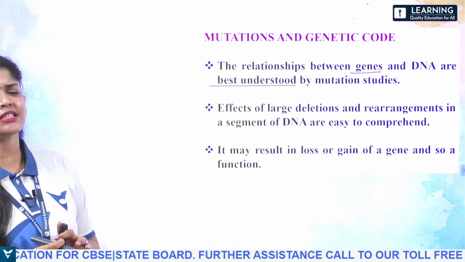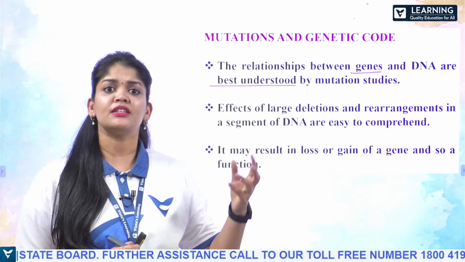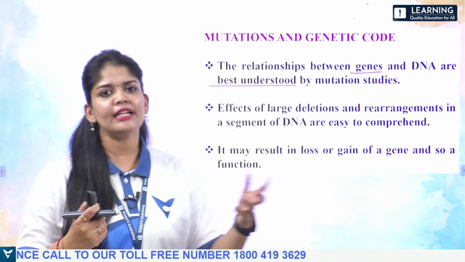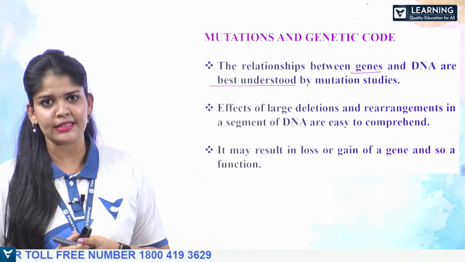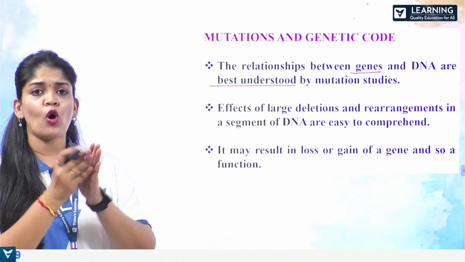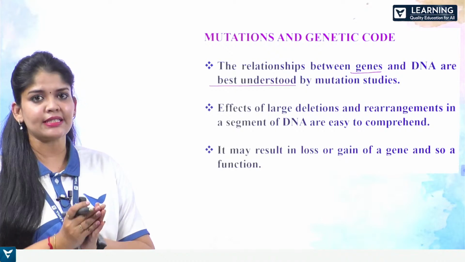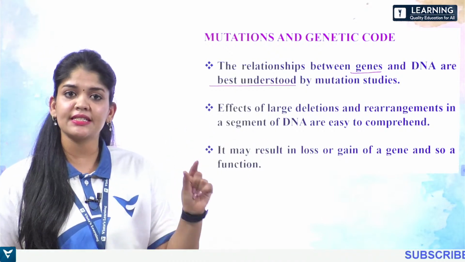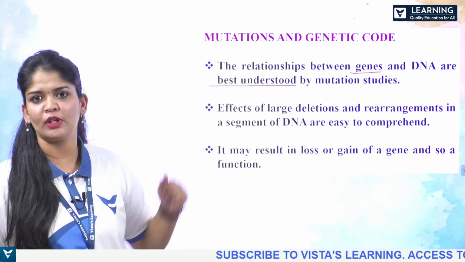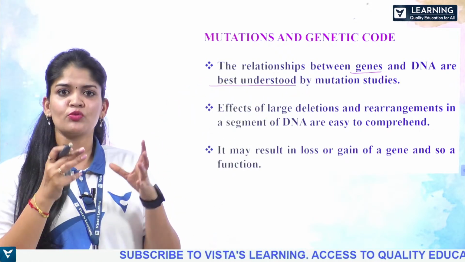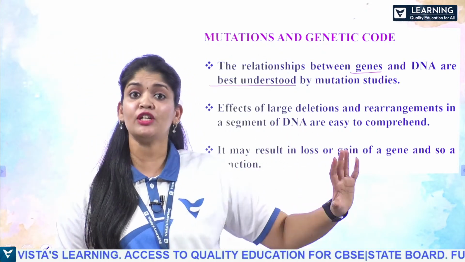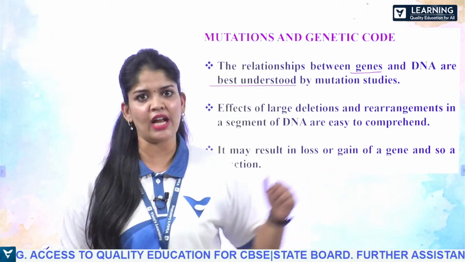Mutation is a sudden change that happens in the DNA sequence, what we call a DNA variation. It may be caused by many reasons, like exposure to chemicals or UV light. All this sometimes results in some deviation, some variation, and that sudden change is what we consider the phenomenon of mutation, which results in a change of the genotype, thereby changing the phenotype, that is, the external appearance of an organism.